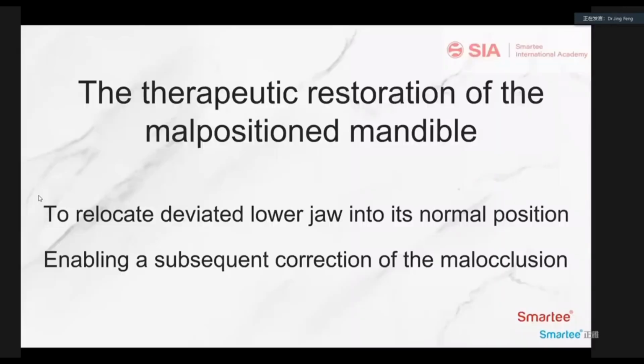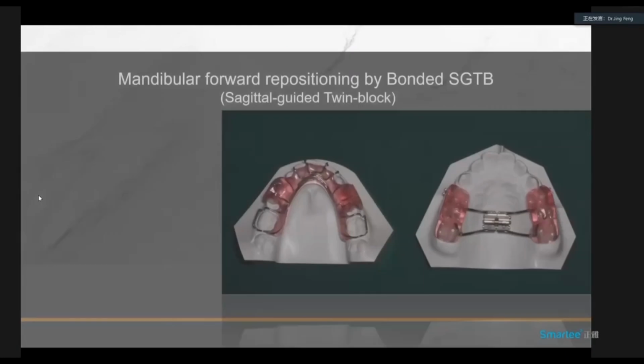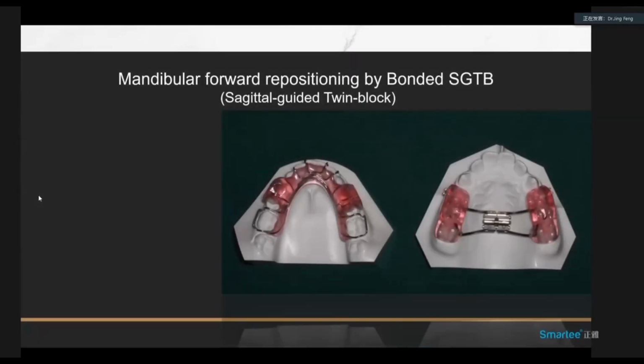The therapeutic restoration of the malpositioned mandible is to relocate the deviated lower jaw into its normal position, enabling a subsequent correction of the malocclusion. At the early stage, we used a bonded SGTB. We have a long history of using it, maybe 25 years. So we can see the pictures of the typical design.